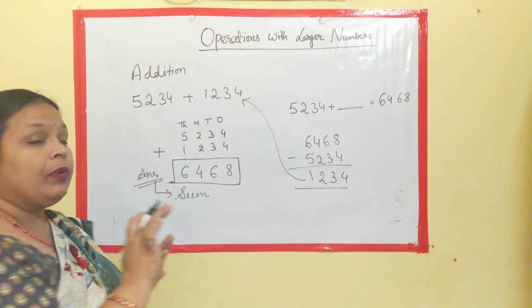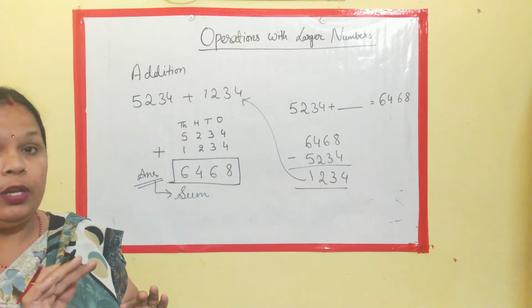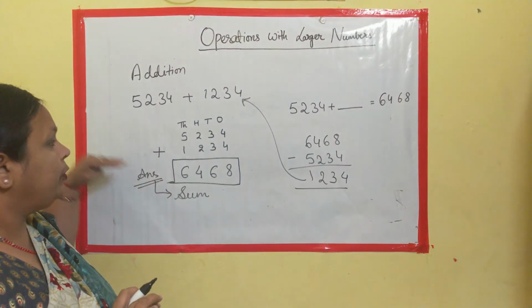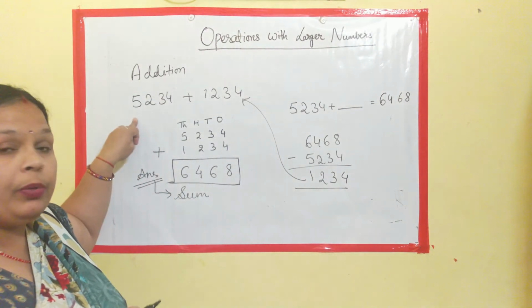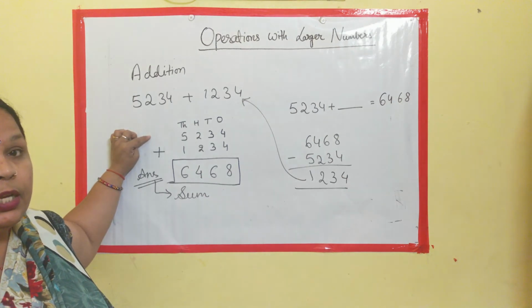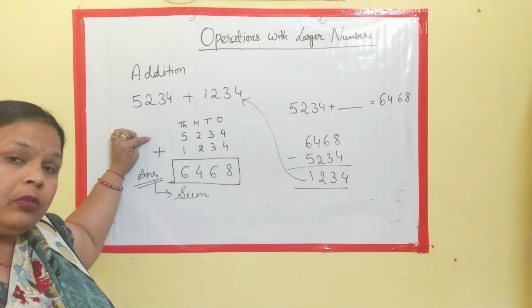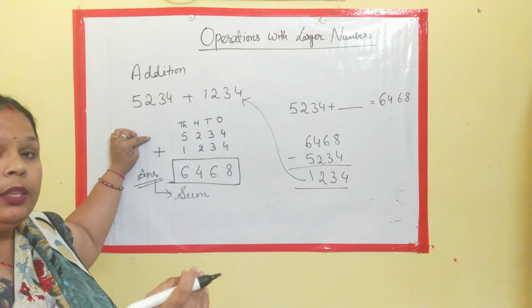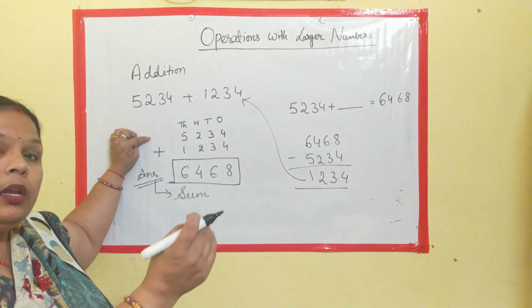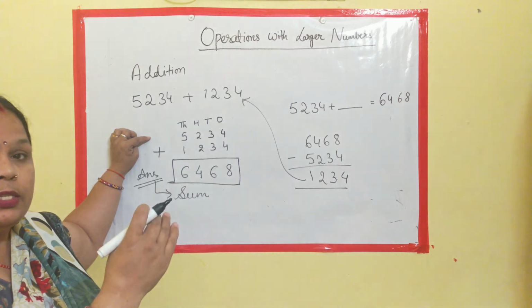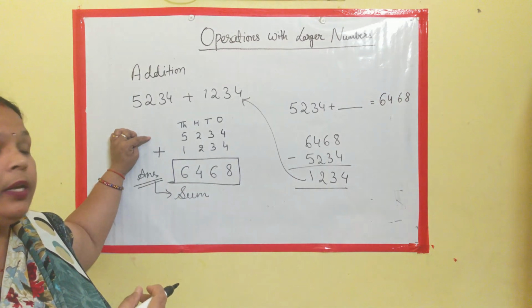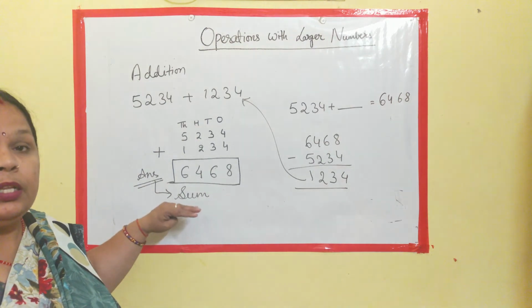And wherever the numbers are not given, like if the first number is a 6-digit number and the second number is a 3-digit number, just write the 3-digit number from the right side, that is ones, tens and hundreds, and the first number will be written as it is under the place values. Simply add them and get the answer.